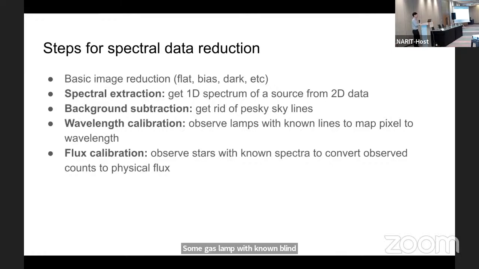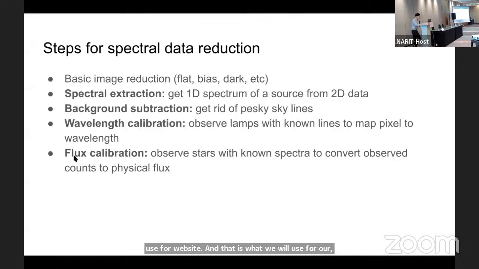Normally it's argon, mercury, cadmium, I think. There are so many of these lamp lines you can use. So usually there's an observation of those lamps, called an arc lamp, that you can use for wavelength calibration, and that is what we will use for our notebook.